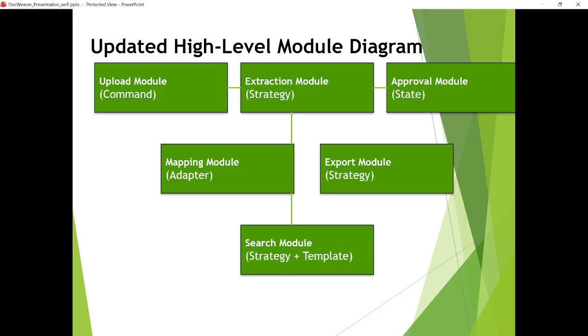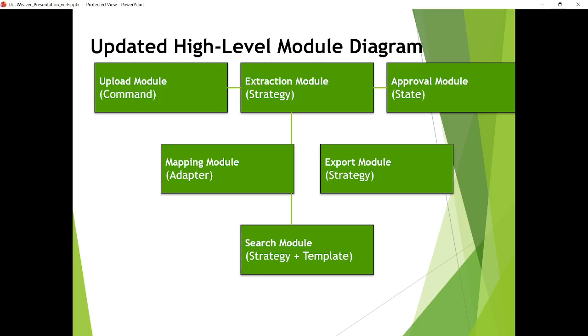Let's quickly review the main modules of the architecture overview. The first module is uploading. It uses the command pattern. It decouples UI, workflow, and infrastructure. The second module is extraction.